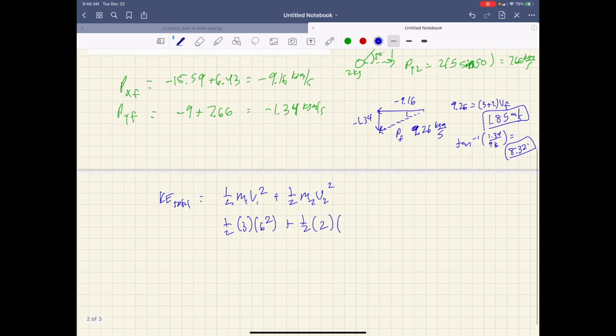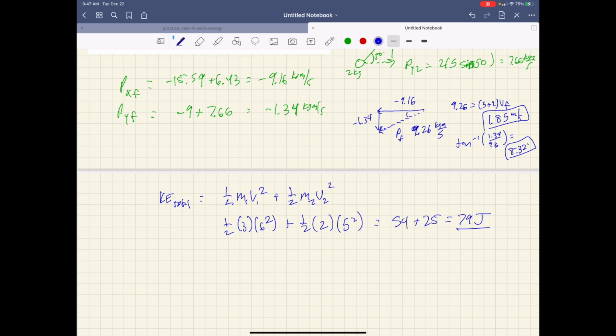Yeah. And so now that total kinetic energy of the system is going to be 36 times 1.5, 54, plus 25. All right, total energy of 79 joules before the collision.